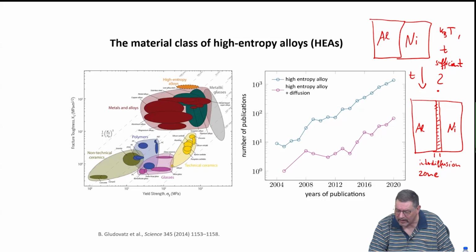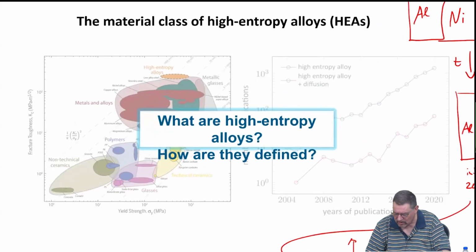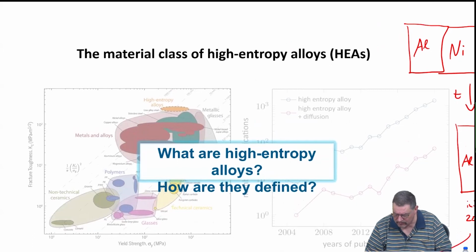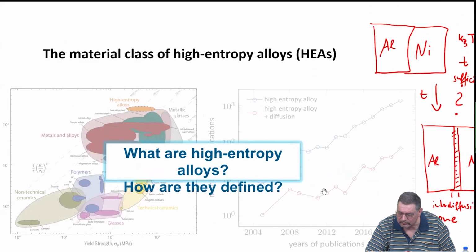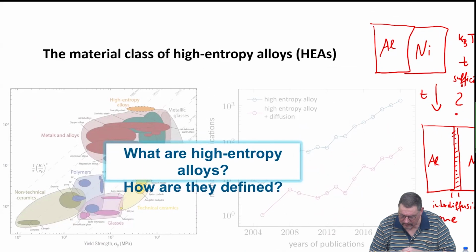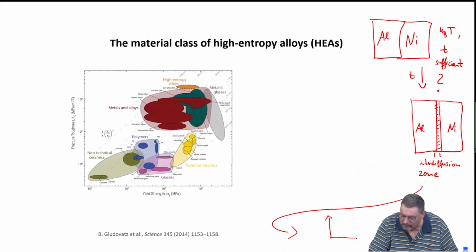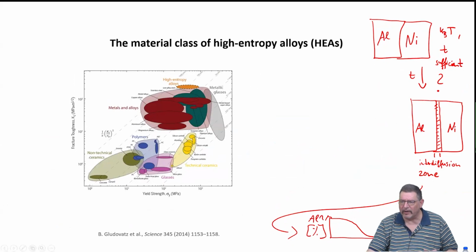And if I now look at the interdiffusion zone and I plot something like this, I have a diffusion profile, right?